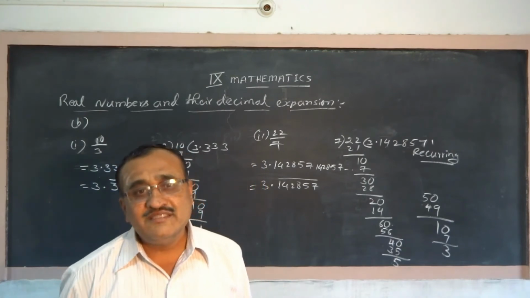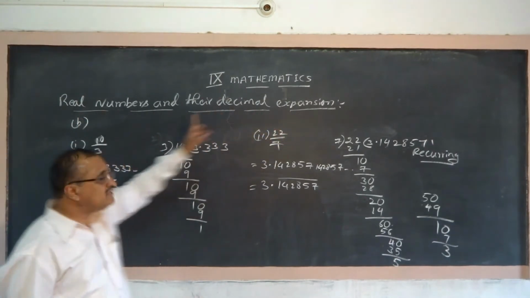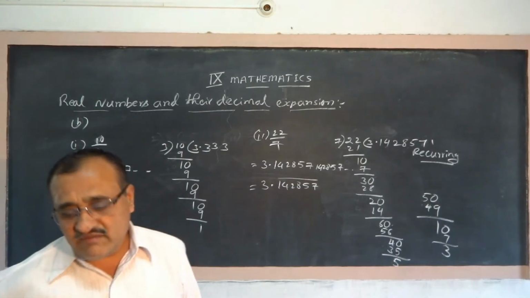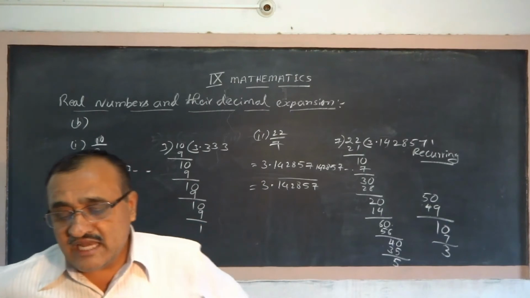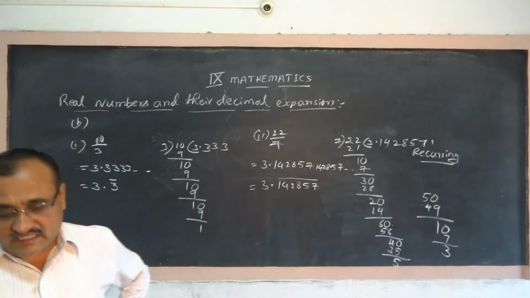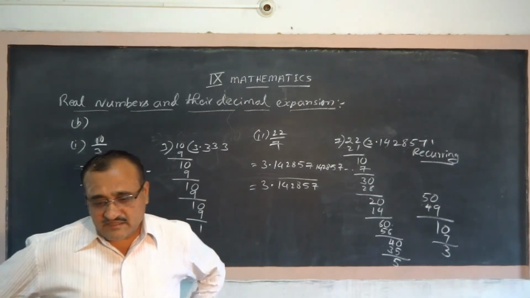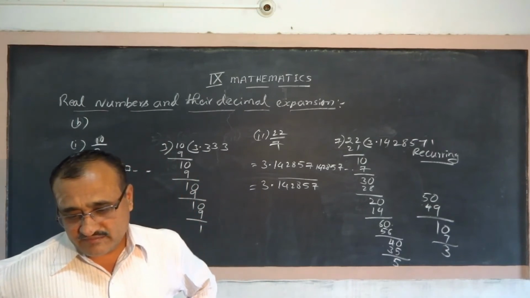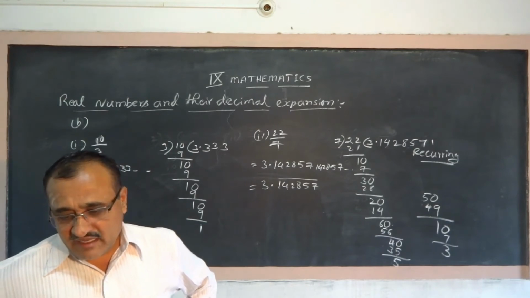Take down the second case, case 2, real numbers and their decimal expansion. When we convert some of the real numbers into their decimal expansion, the decimal expansion does not end but repeats.